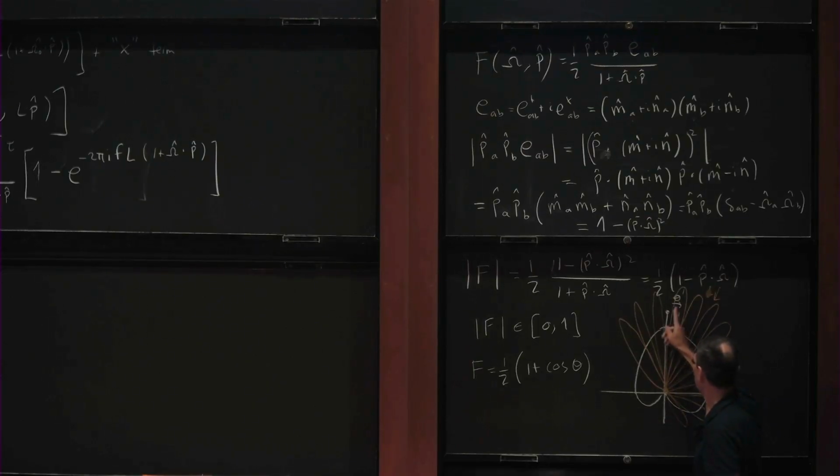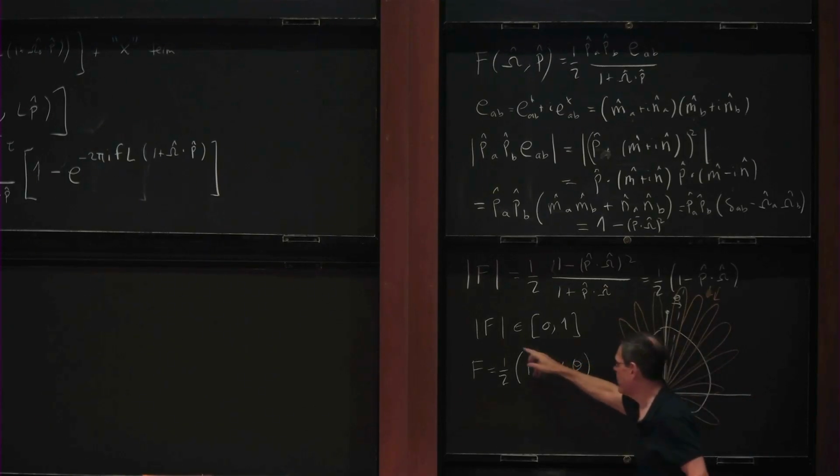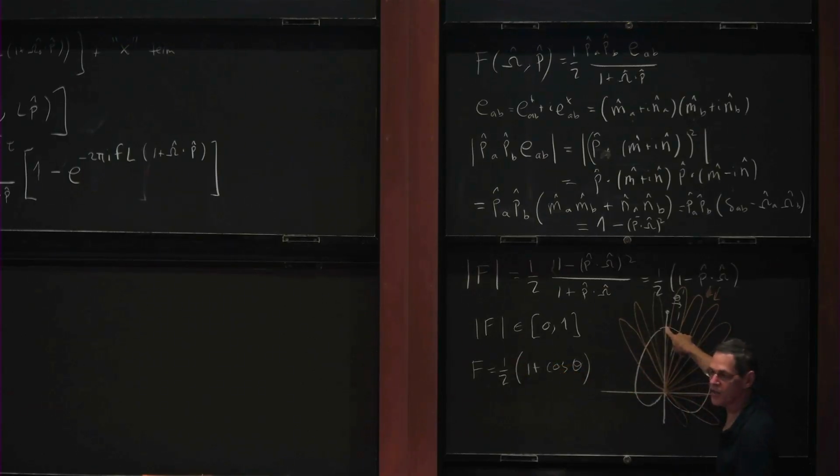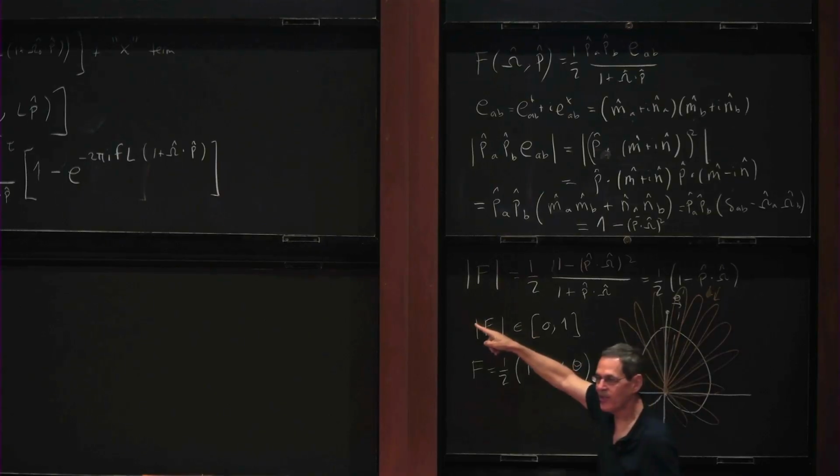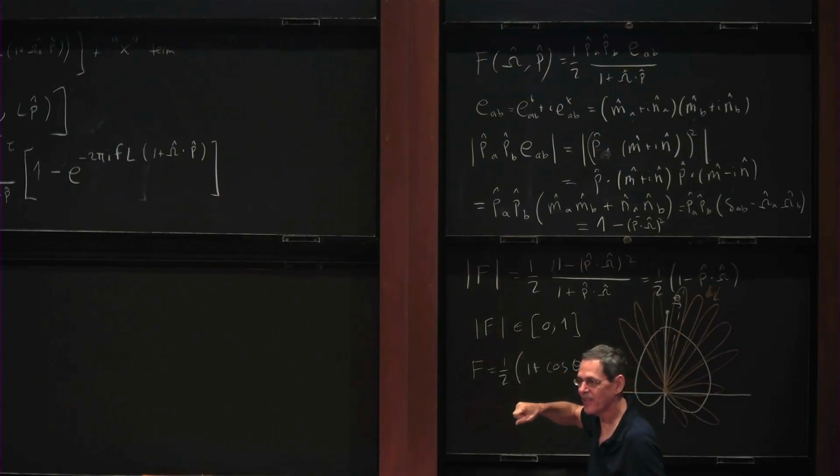So when theta is equal to 0, that means that the pulsar and the source have 0 angle between them. And that's the case where f is maximum. So that's this white circle being largest right here. But the response, because of the cancellation of the Earth and pulsar terms, is exactly 0.